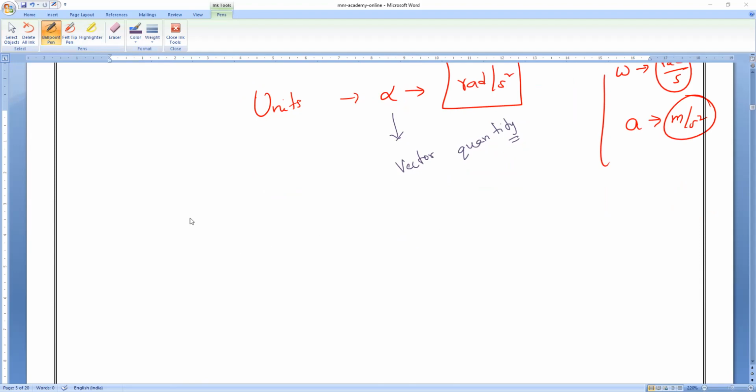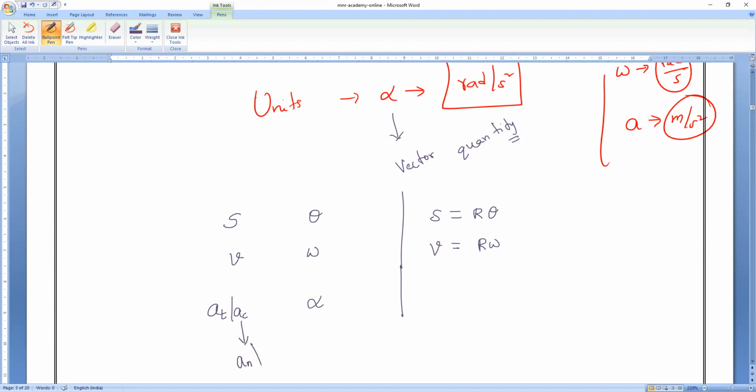Now we have already studied linear displacement S and angular displacement theta. What is the relationship between them? S equals R theta. Linear velocity V and angular velocity omega: V equals R omega. In the same way, tangential acceleration, which is different from centripetal acceleration, also called normal or radial acceleration.